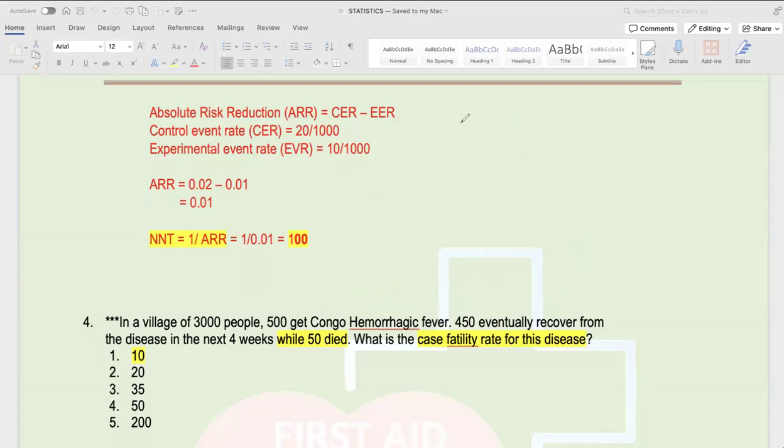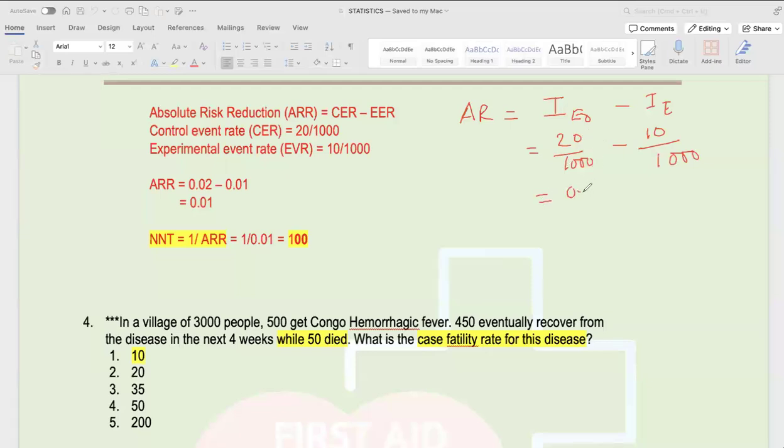Again, at first you need to find out the attributable risk, which is the incidence rate in the non-exposed group minus the incidence rate in the exposed group. We know from there that 20 people out of 1,000 got the disease and 10 people out of 1,000 got the disease. So 10 people who took aspirin got the disease, and 20 people who did not take the aspirin got the disease.